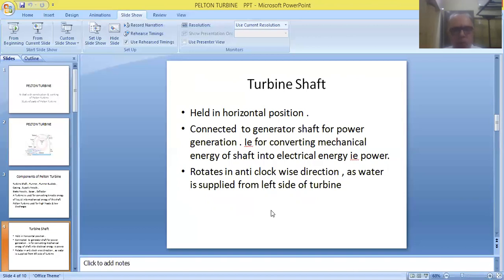Water is supplied from the left side of the turbine, so naturally, the runner will be rotating in anti-clockwise direction. And coming to the energy conversion, initially the turbine will be converting the kinetic energy of the liquid into mechanical energy of the shaft. And finally, the generator will be converting mechanical energy of the shaft into electrical energy.